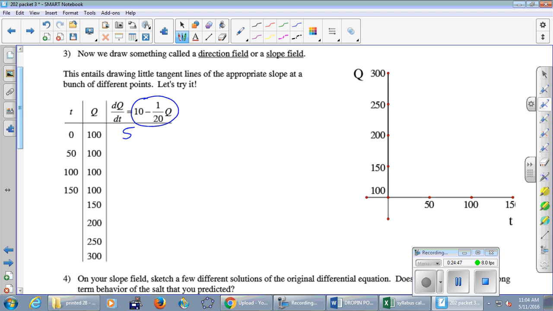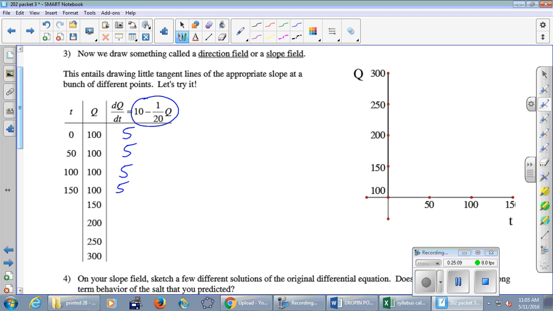Also 5, because there are still no t's in there, so those first 4 entries are all 5. The point is that because this happens to be a differential equation with no t's on the right-hand side, it doesn't matter what t is. But if there were t's floating around on the right-hand side, you'd imagine these numbers would be changing, right? So I've left a blank for the rest of the t's because the t doesn't matter.